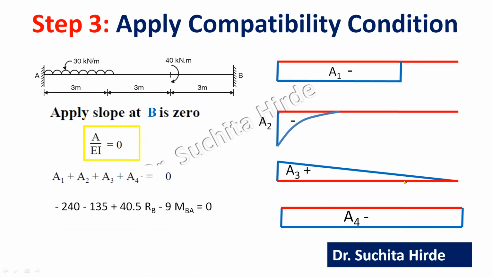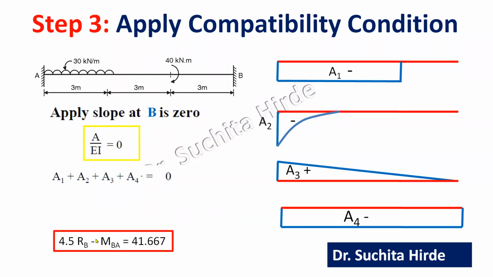Then area of this A3 is half base into height, so you will get 40.5 RB. Then minus 9 MBA is area A4. If you simplify this equation, then you will get 4.5 RB minus MBA is equal to 41.667. Let us call this equation number A.